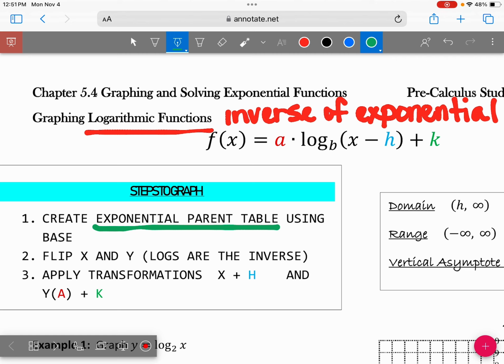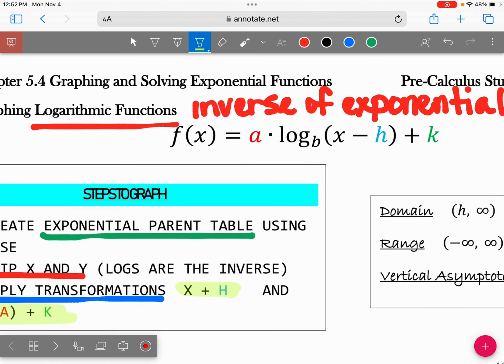And then after we create that table, we're going to flip X and Y. And our last step would be to apply your transformations. Now, the transformations we apply are exactly the same as when it was an exponential. We're going to begin by adding the h to x, taking y times a plus k.